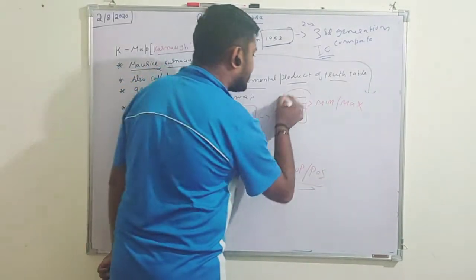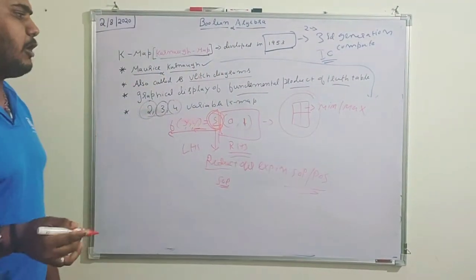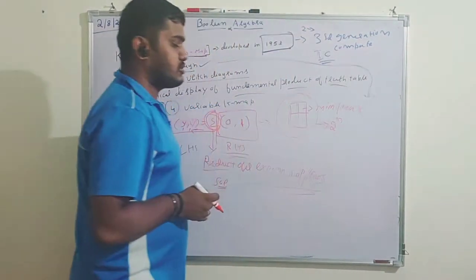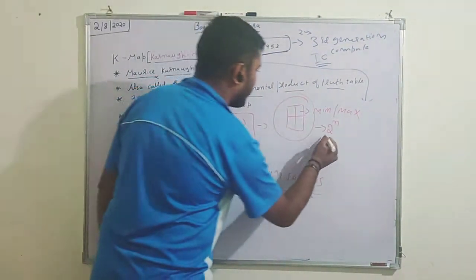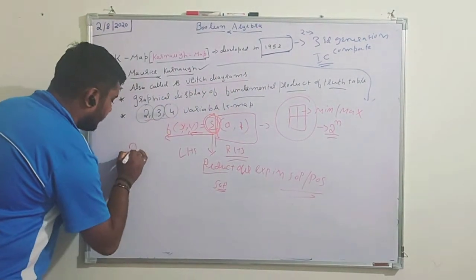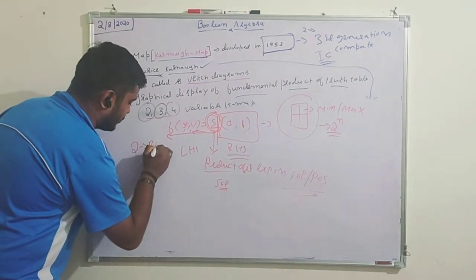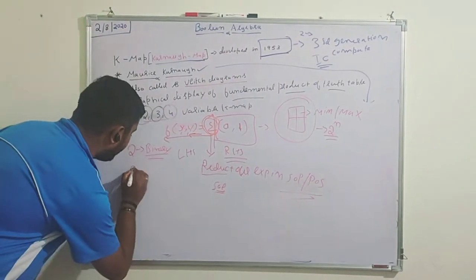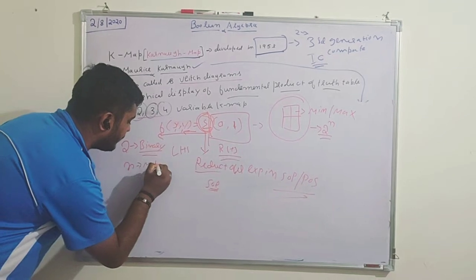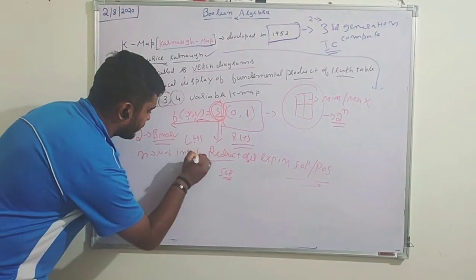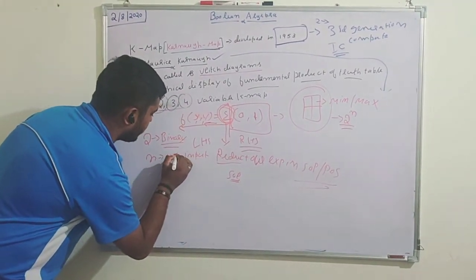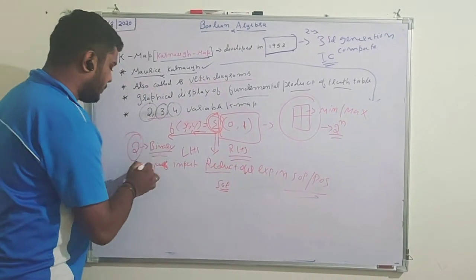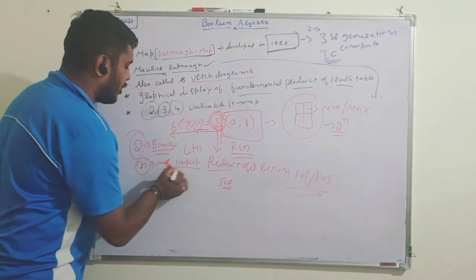To draw this rectangular box, we have a formula. It is called 2 to the power of n. What does 2 to the power of n mean? 2 means we are going to work on binary values. N means the number of inputs, which is 2 here.